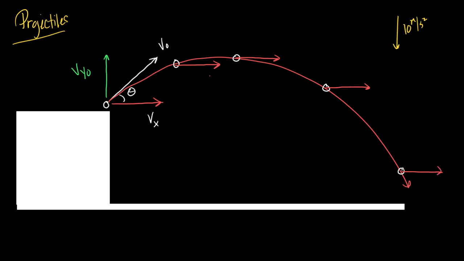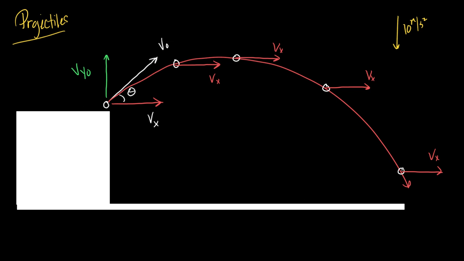Right? There's no horizontal acceleration. So whatever its horizontal velocity is at launch will be its horizontal velocity for the entire trip. Everybody understand? That's why there's no little knot here next to Vx. Vx is not experiencing an acceleration.